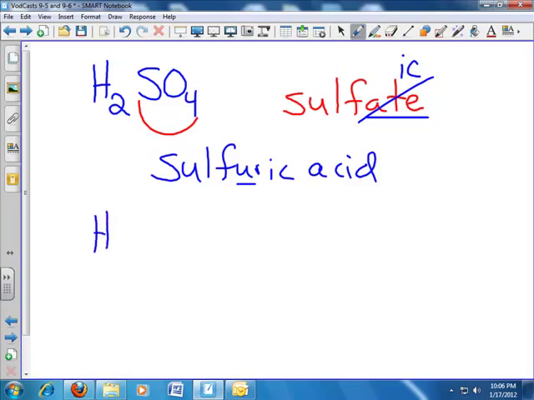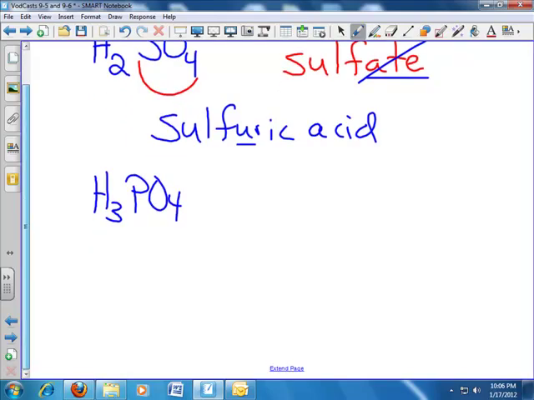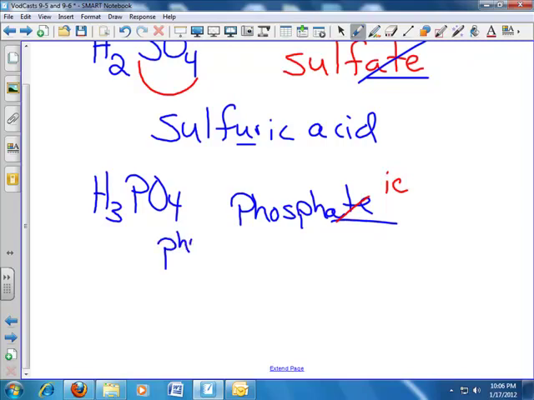Here's another one, H3PO4. PO4 is phosphate. There's the ATE. That ATE is going to become an IC. To help it flow better, this is called phosphoric acid.